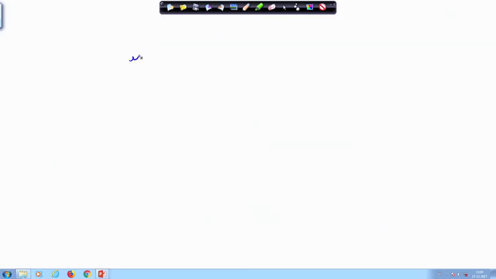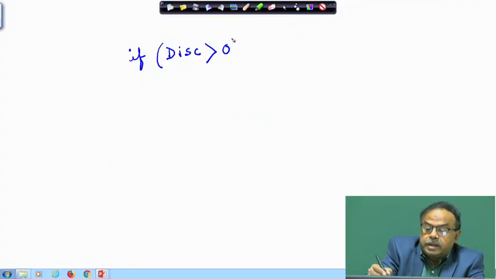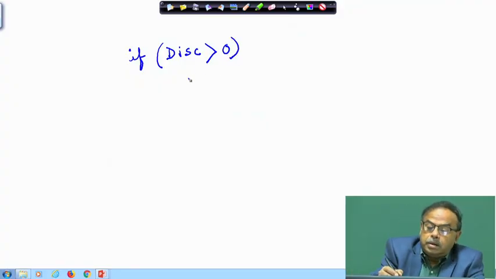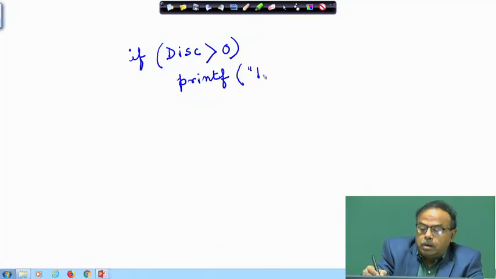So, I rewrite it as if disk is greater than 0, printf roots are real.